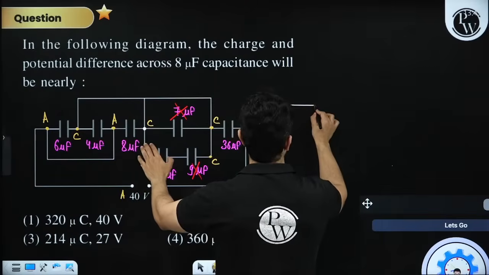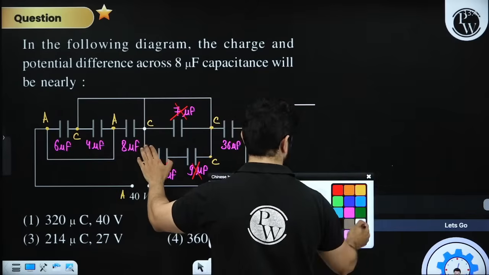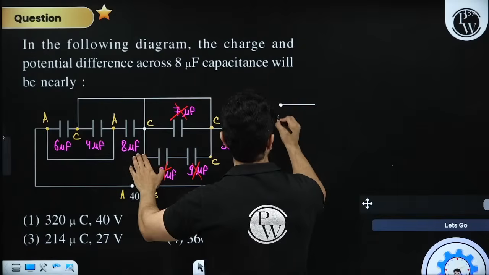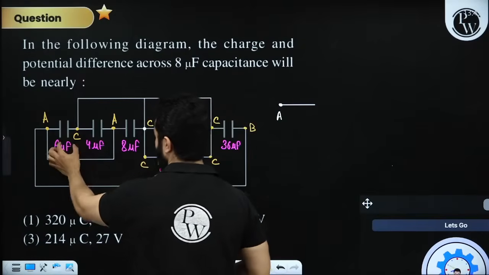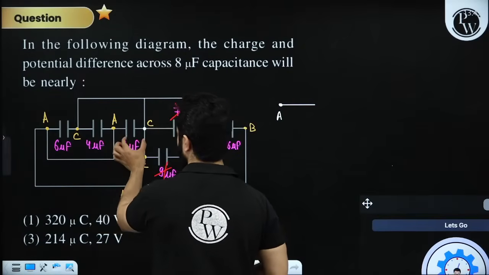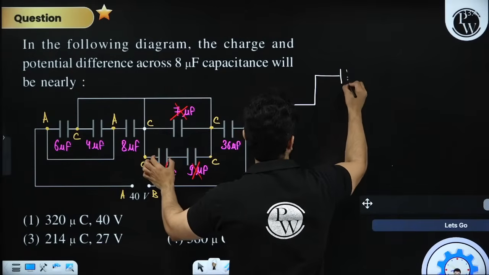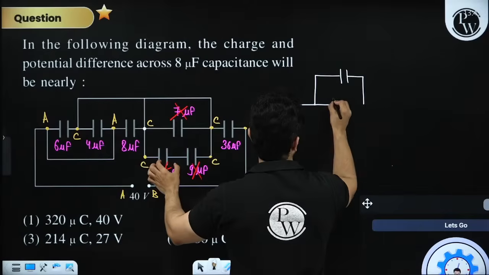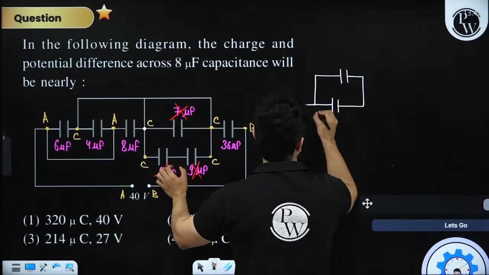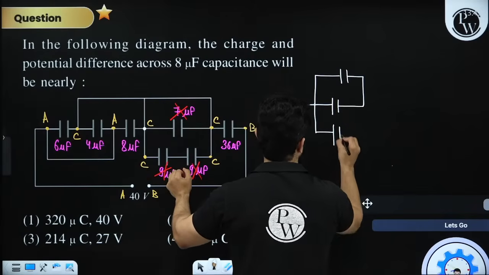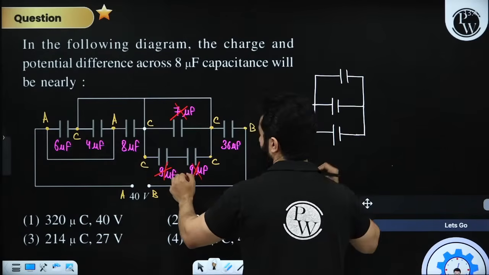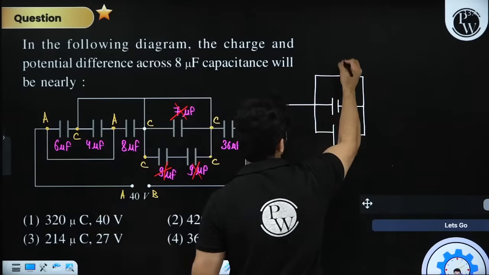So let's say this point is A. From A, you have got 6, 4 and 8. So from A, you have got 3 capacitors in parallel combination, which are 6, 4 and 8.